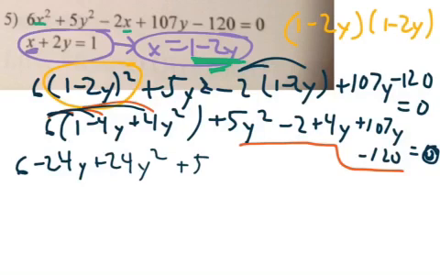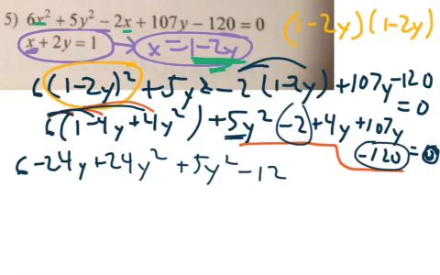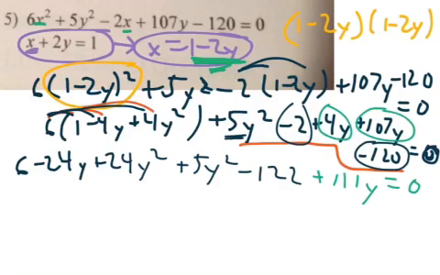I have a plus 5y squared over here. I notice the minus 2 and the minus 120 makes minus 122. And if you follow the green, 4y and 107y make a plus 111y equal to 0.